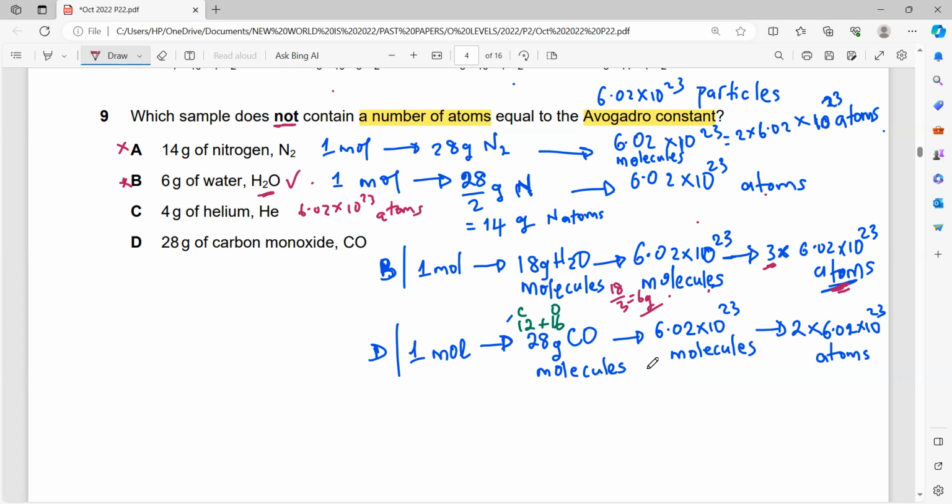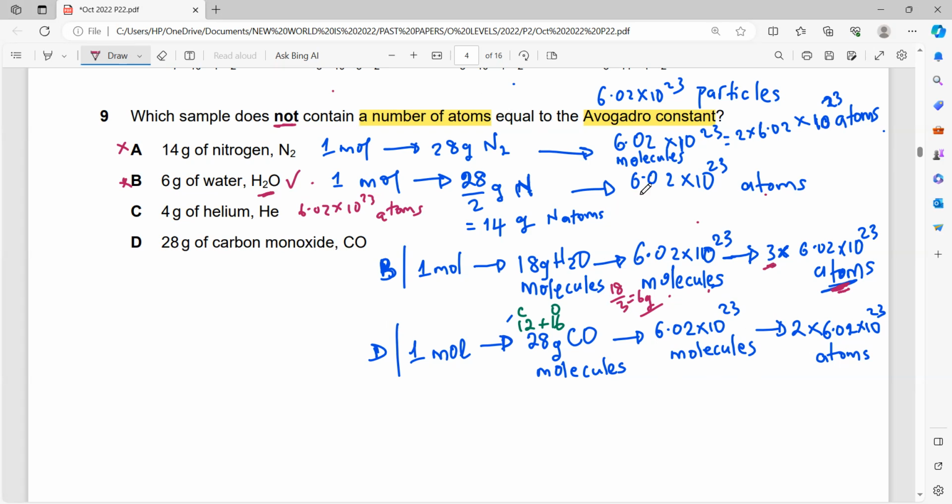Now, we don't want molecules, we just want a number of atoms. So that will be 2 times 6.02 times 10 raised to the 23 atoms. Why 2? Because we have just 2 atoms in carbon monoxide, carbon and oxygen.